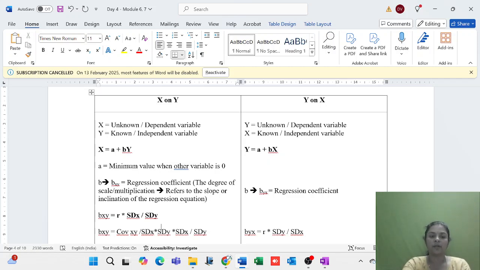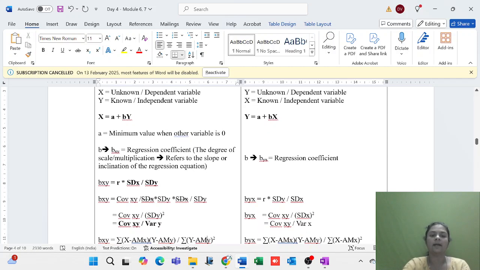Now how to find out b? You have the formula here. Remember again, if it is x on y, the regression coefficient is called bxy. If it is y on x, the regression coefficient is called byx. So which coefficient you want will be very, very important when you look at the question.